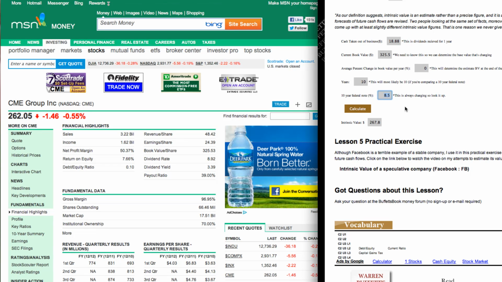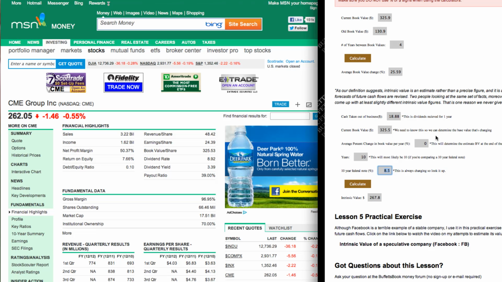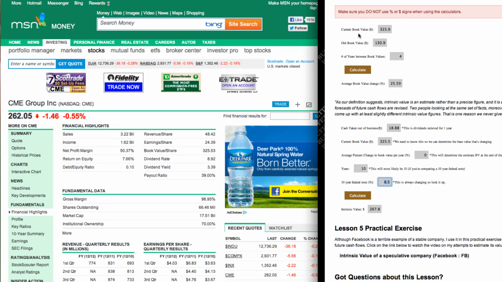So I hope that this gives you a good idea of how you really can't just simply spit numbers into this calculator. You really got to do some assessment. So if you remember when we first put the current book and the old book in here, and we got something like a 40% change in the book value per year, if we would have just gone straight down to the second calculator and started using those numbers, let's go ahead and put a 40% growth in here.